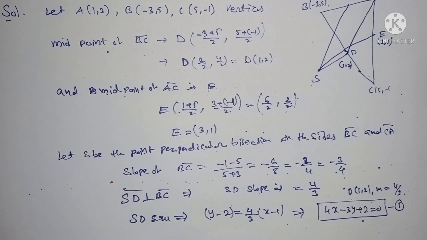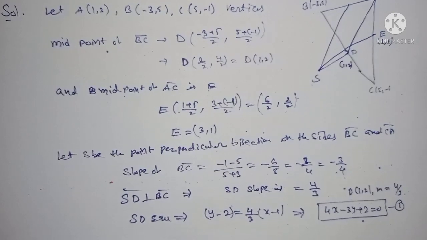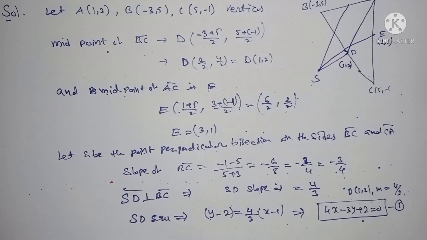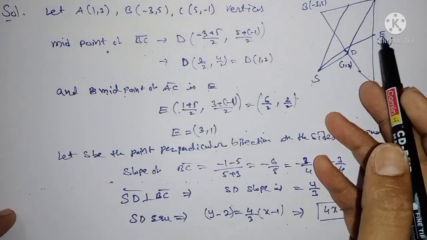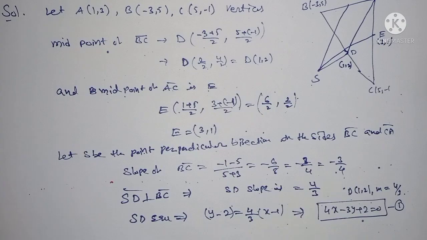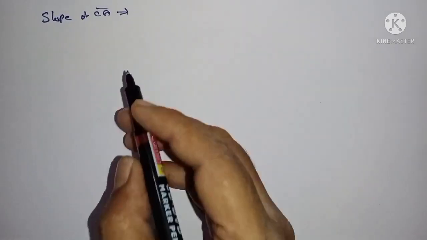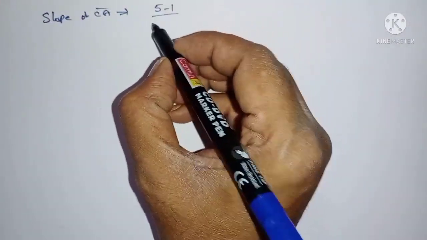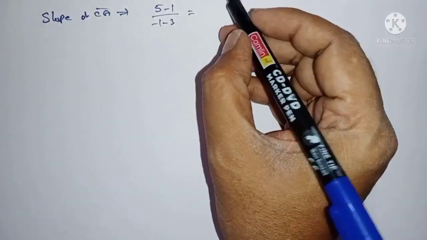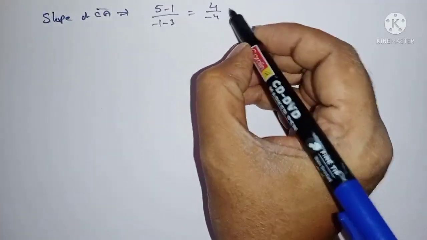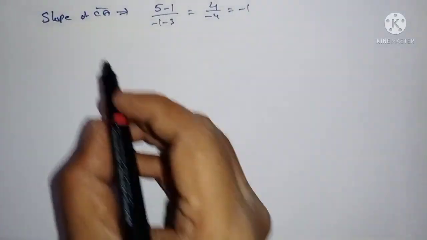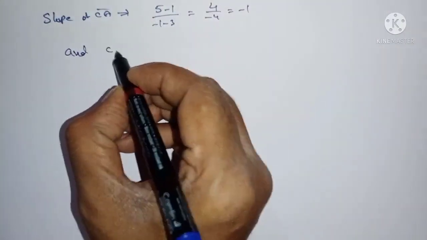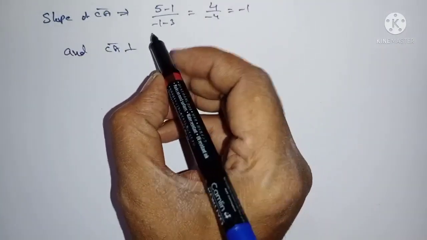Now find the CA slope and then the SE equation. The slope of CA is (5-1)/(-1-3), equal to 4/(-4), that is -1. By the figure, CA is perpendicular to SE.